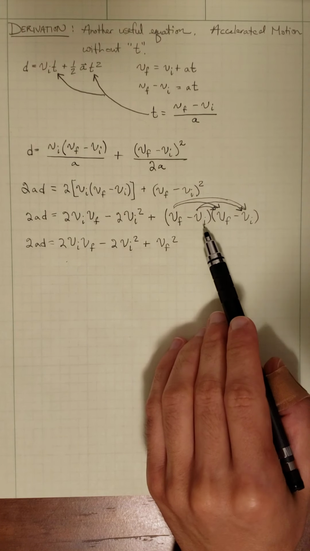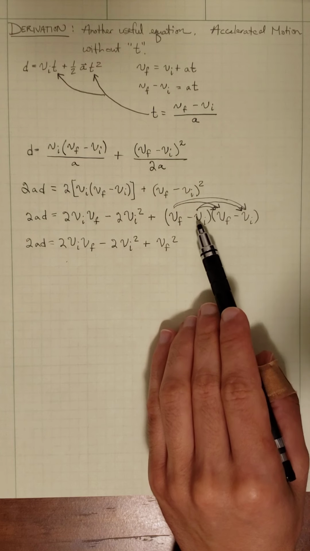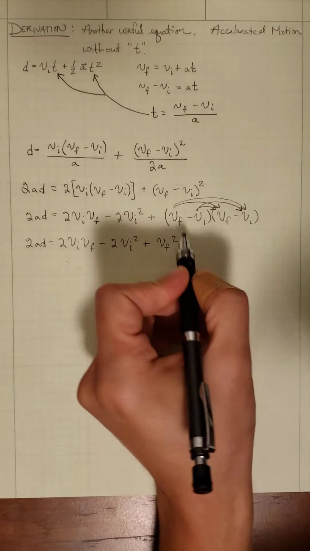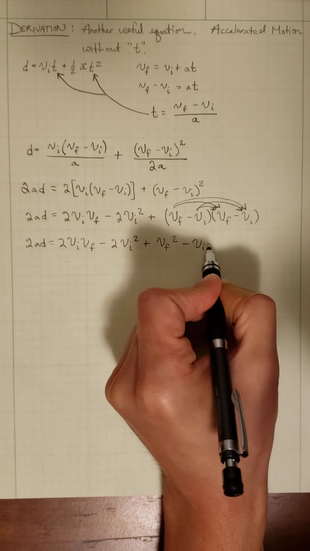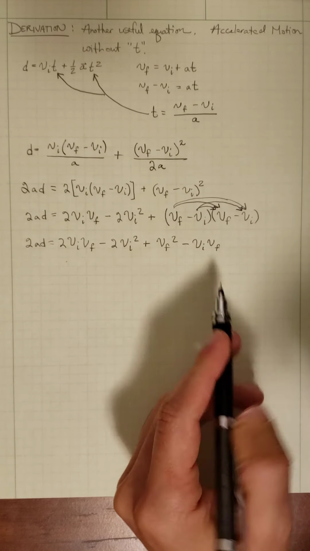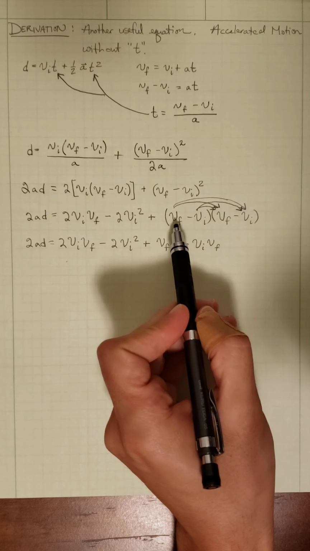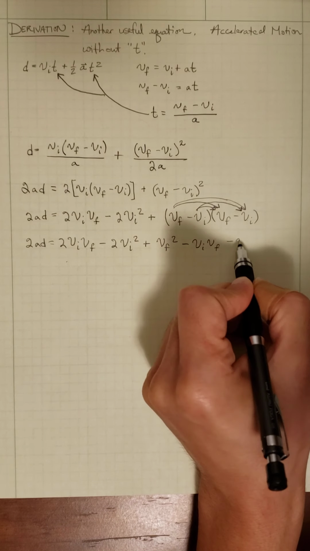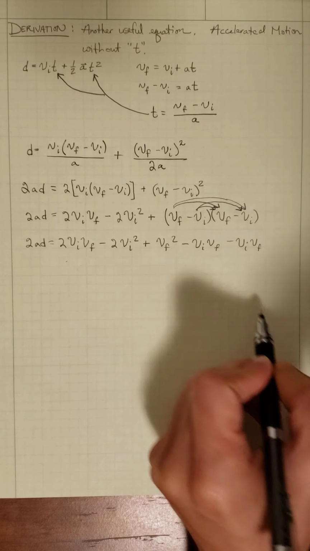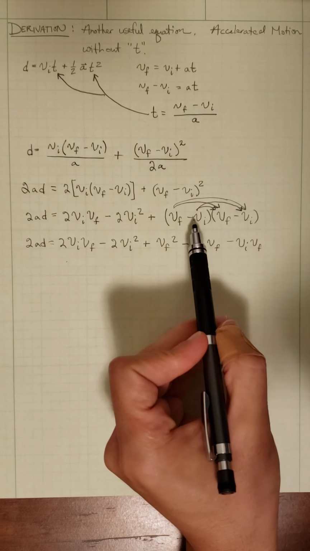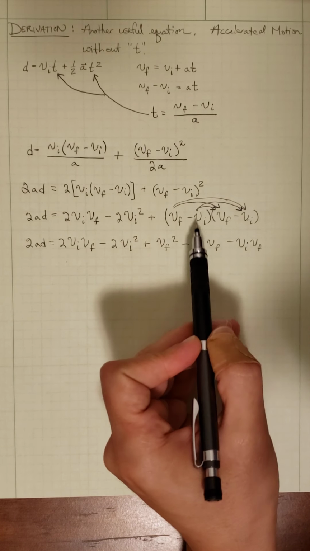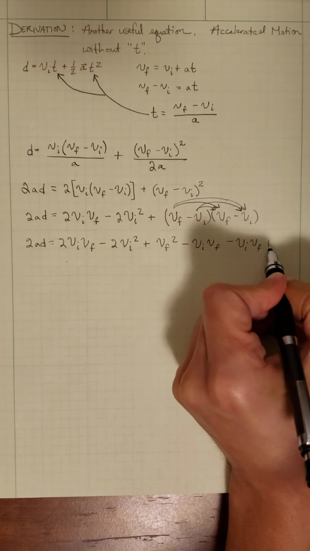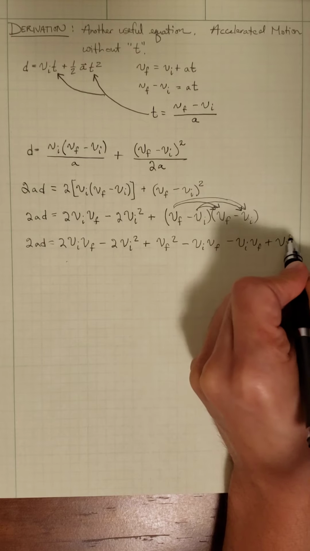We do, let's say, the inner term is minus vi times vf is minus vi vf. The outer terms is vi vf, so minus another vi vf. And then the last terms is vi times vi. They're both negative, so that comes positive. So that's plus vi squared.